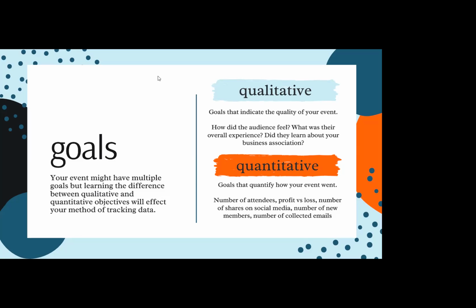They learned something new. A quantitative goal would be how many new schools signed up for my field trips afterwards, or how many children attended, how many classes. But basically, qualitative goals are going to have a different method of tracking than quantitative.